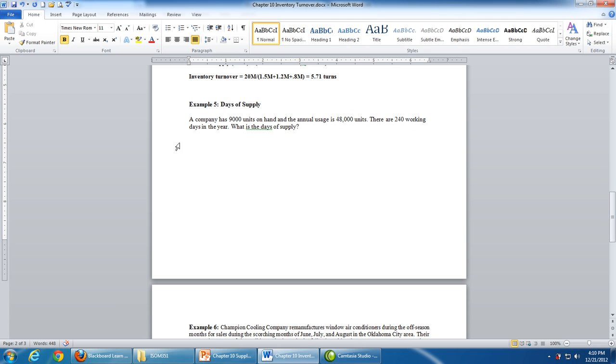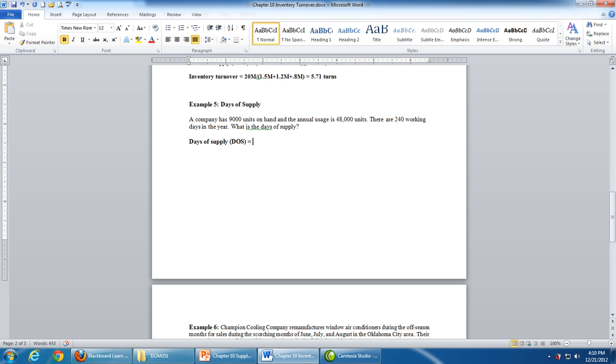Number 5, the question asks for day of supply, or DOS. Day of supply is almost the same as week of supply. It's only a unit change.